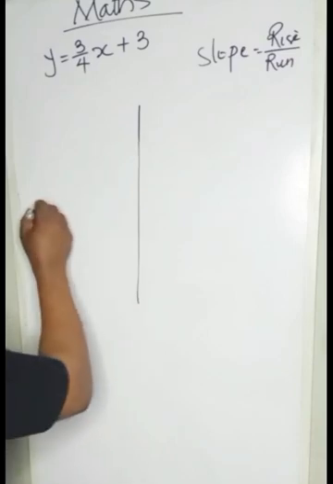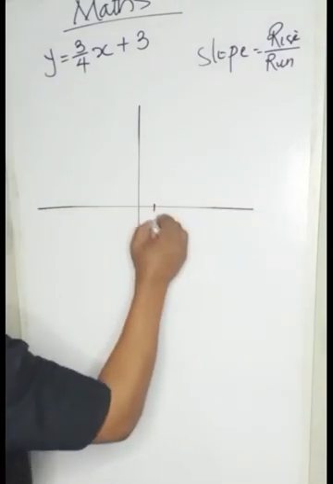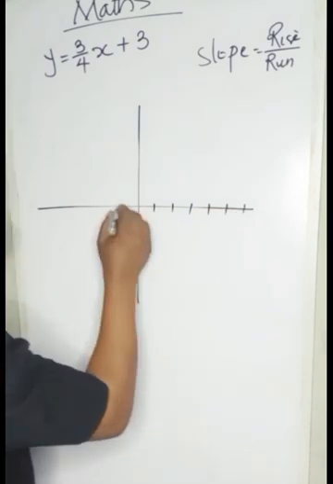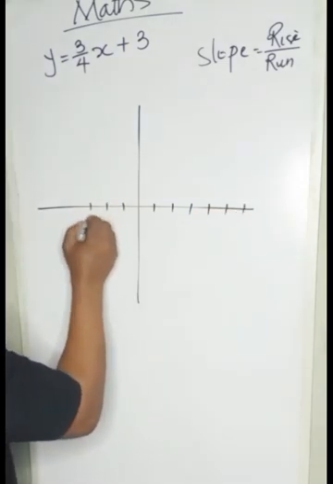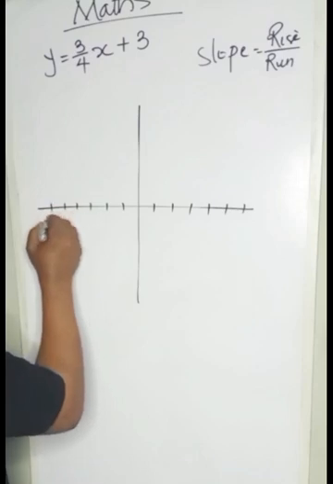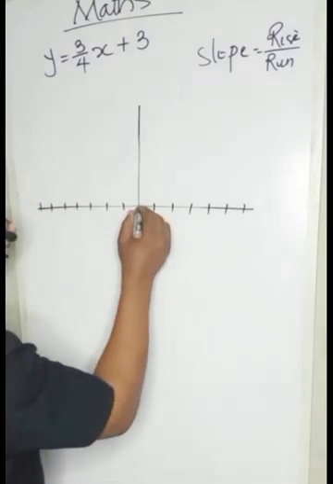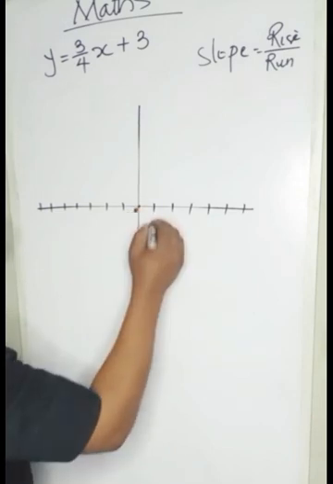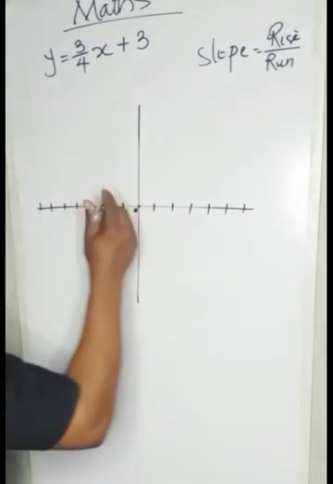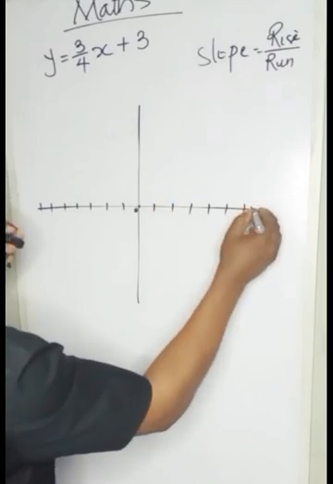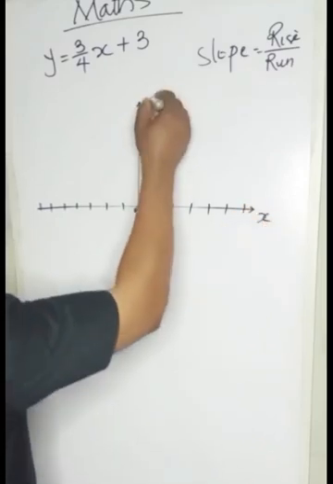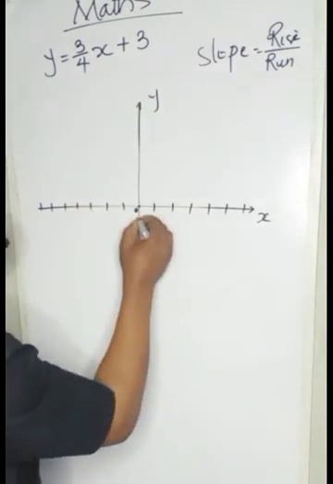So if we have a graph calibrated, in your graph, you and I know that this point is the origin. That's 0. And you and I know that we have the x-axis here and the y-axis here.